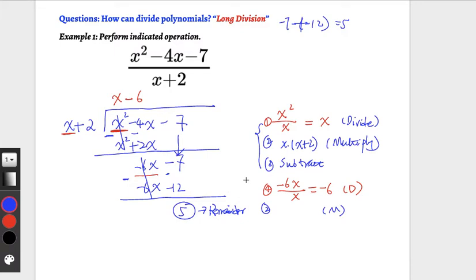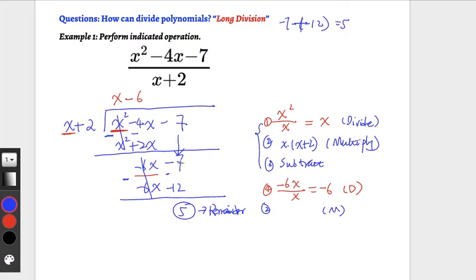Okay, so let's review this process again. The very first thing, I need to figure out what to put on the top in order to cancel x squared. So I use x squared times x here. We divide, and then we multiply whatever you have here with both terms here. You get x squared plus 2x. Last part of this process is going to be subtract.